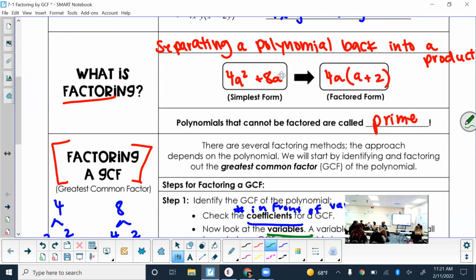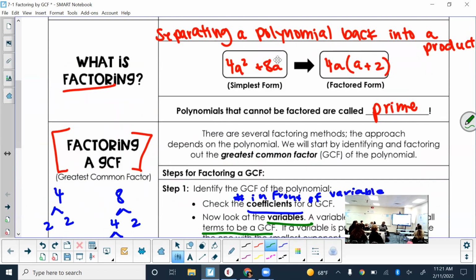Is there an A squared in this term? So that's why A squared isn't part of our GCF. It's whichever one has a smaller exponent. Yes? All right, so that's how you determine if a variable is part of your GCF. It has to be present in all the terms. If there's multiple, take the one with the smaller exponent.